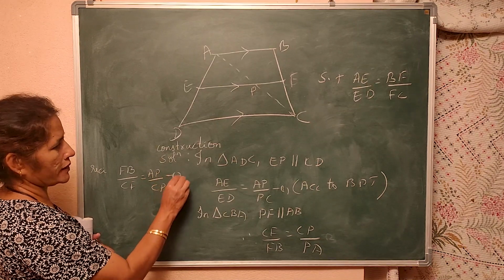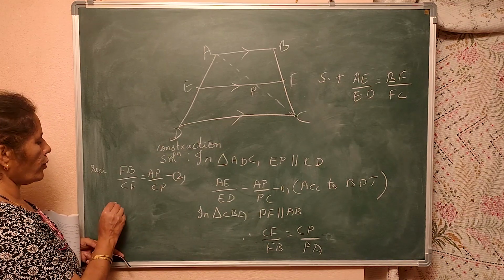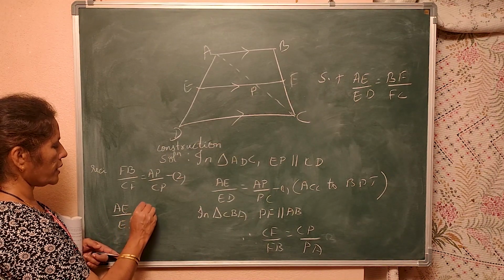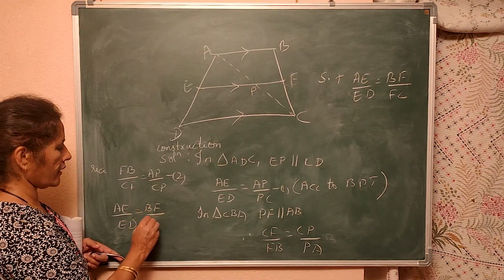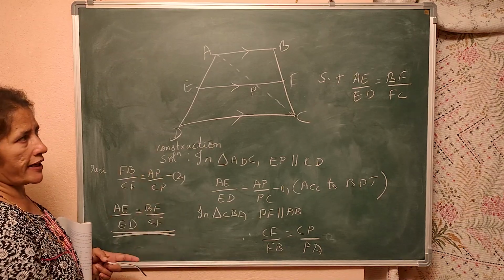Now call it 2. Comparing 1 and 2, the right-hand sides are equal. So AE by ED is equal to BF by CF. Is it what I want? Yes, finished. Did you understand?